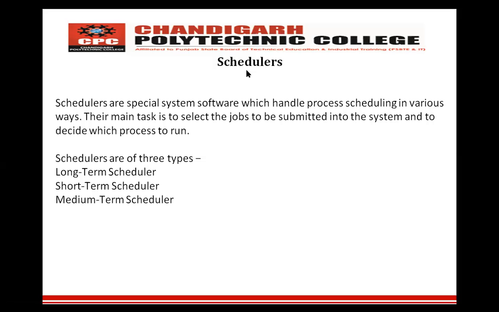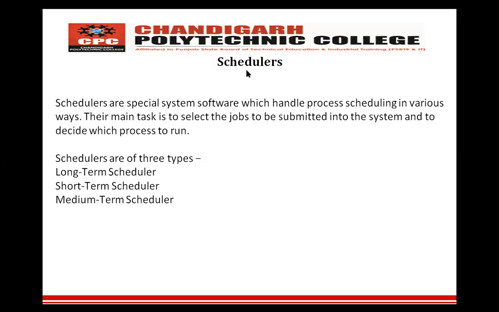So first, what are schedulers? A scheduler is a system software which handles process scheduling in various ways. There are a lot of processes in the job queue, which we already discussed in the process concept. Various processes enter into a job queue. Which process gets the CPU and which process doesn't get the CPU is decided by the schedulers.